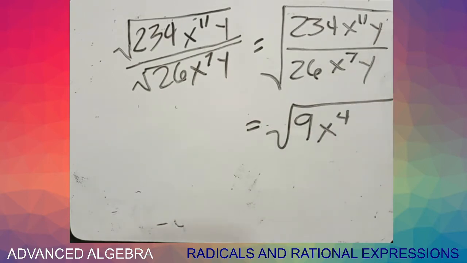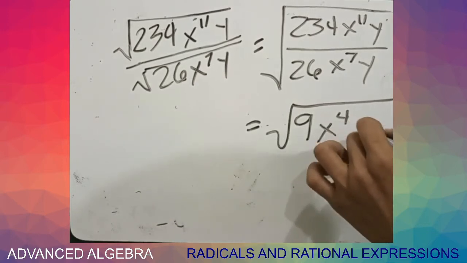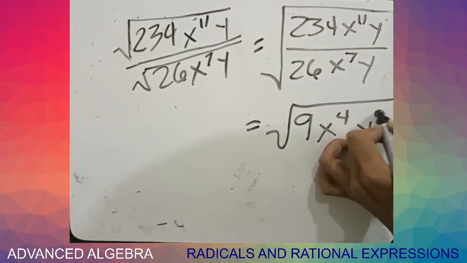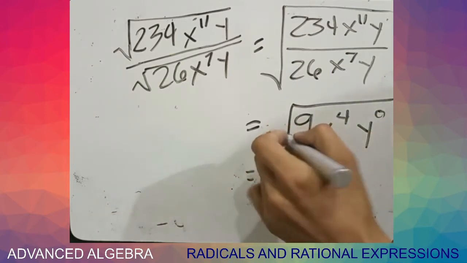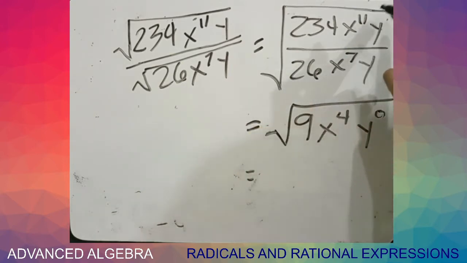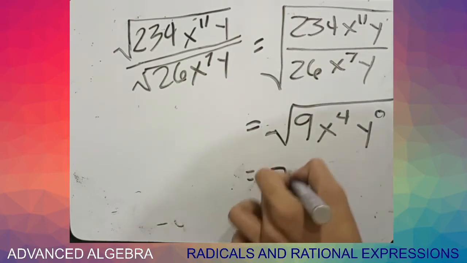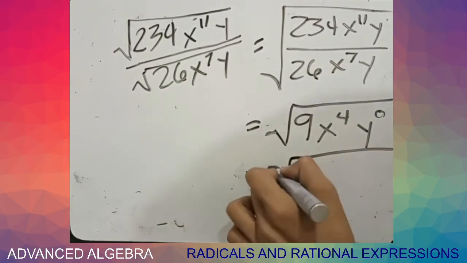So, 1 minus 1, 0. So, y to the 0 power, ang sagot ay 1. So, hindi natin siya isusulat. Okay, lagyan natin dito, kung gusto nyo. So, y to the 0 power. Kasi y, 1 minus 1 is 0. Okay, sulat pa rin natin.